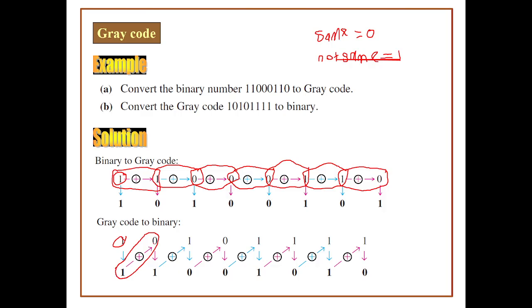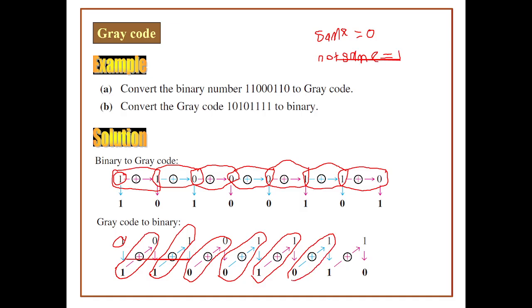1 and 0 not same, you put as 1, and then you compare 1 and 1 same, you put 0, and then this 0 compare with this 0 same, you put 0 here, and then you compare 0 and 1 not same, you put 1, and then here 1 and 1 same, you put 0, this one 0 and 1 not same, you put as 1, and then 1 and 1 same, you put 0.